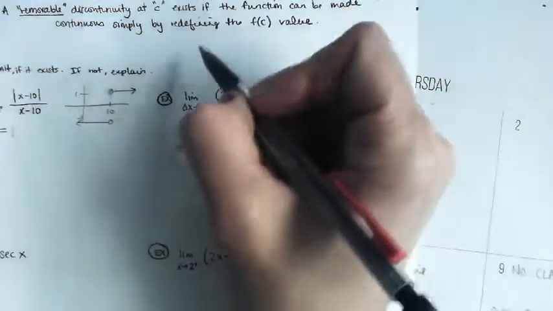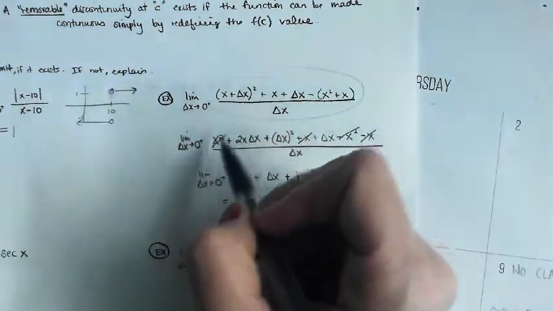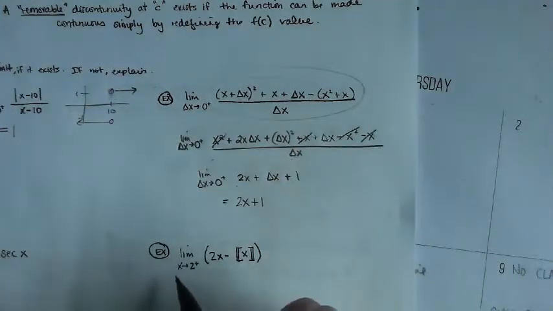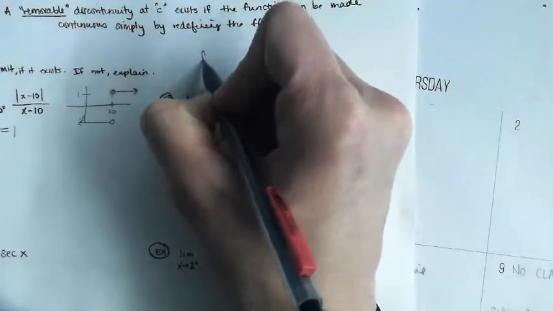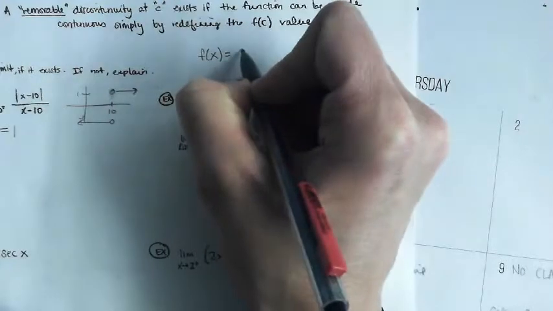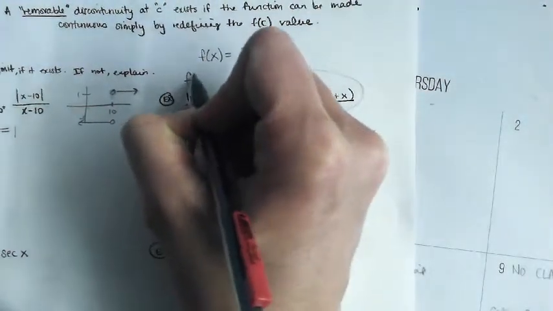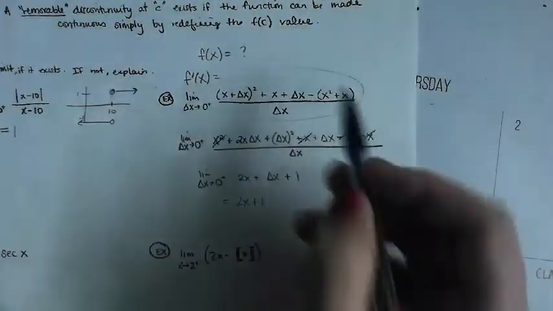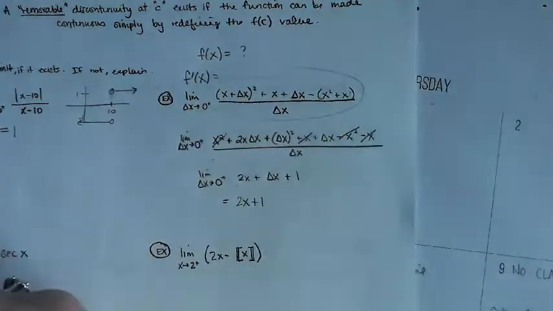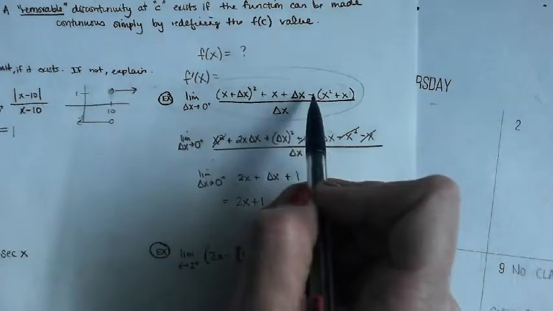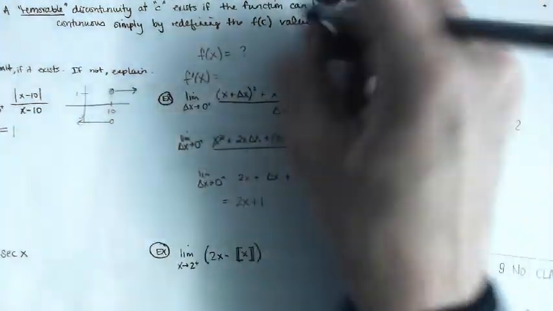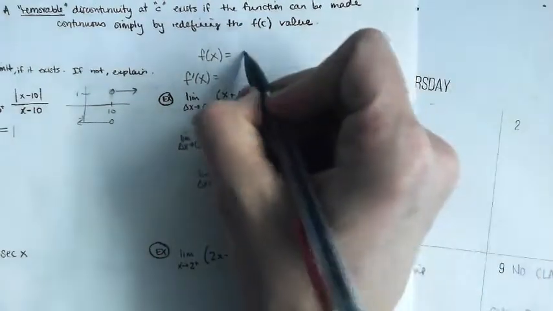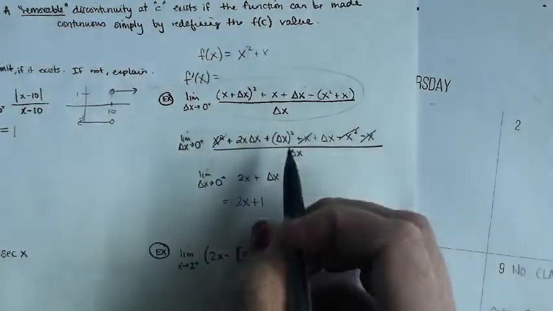Can anyone tell what this is the derivative of? What the function is? Minus f of x. So if that was our f of x, x squared plus x.